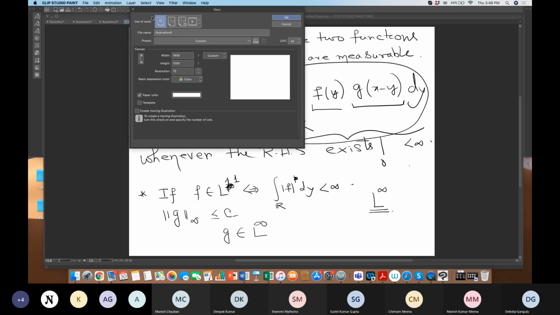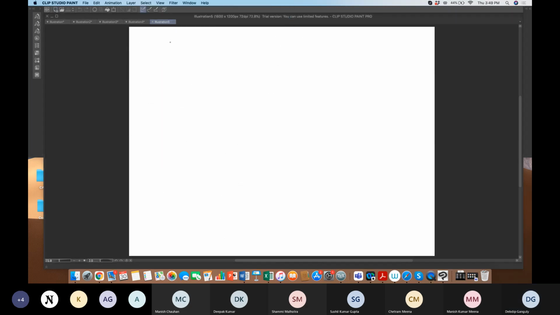Why? Just see. The integral of f of y, g of x minus y, dy has to make sense, so I take the modulus: mod of f of y times mod of g of x minus y.